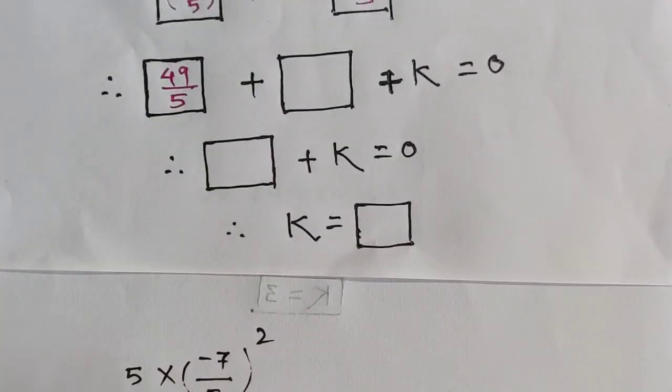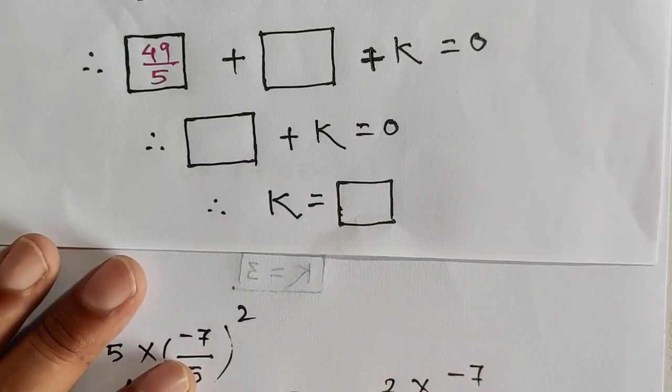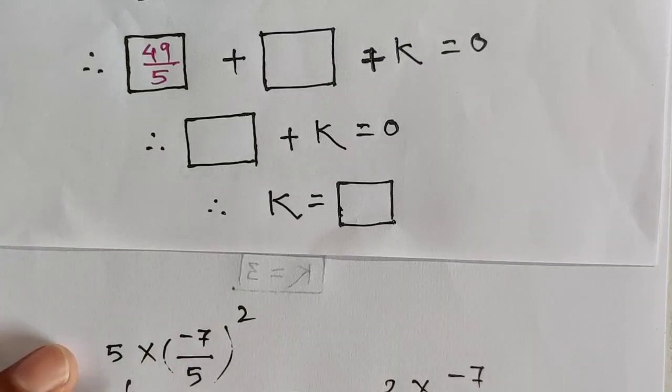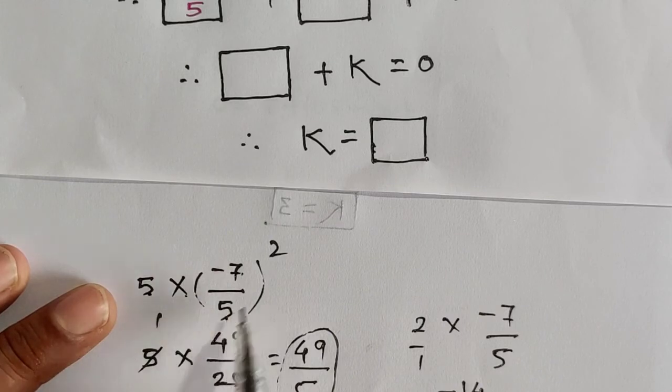Similarly simplify this one. 2 into minus 7 upon 5. Here product of the numerators, product of the denominators. So minus sign is there. Minus 7 2s are 14 divided by 5. Is it clear? This one, first one, 5 into minus 7 upon 5 bracket square.